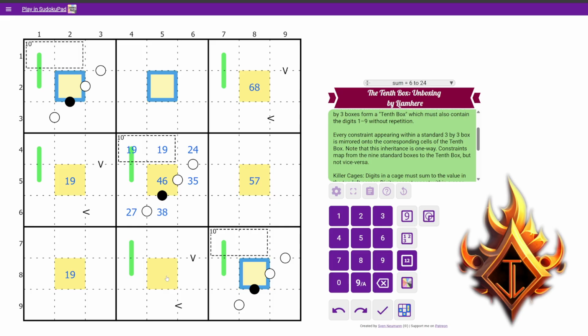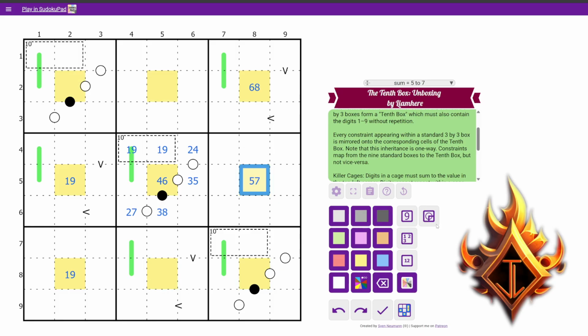Can it be there? It can't be here either because of the dot. So that's the only one that can be a 5.